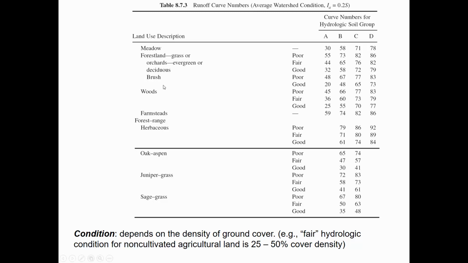And so there is a technical definition that differs between the woods and the forest lands. And you'll notice that woods usually have a slightly higher curve number than forest land would.